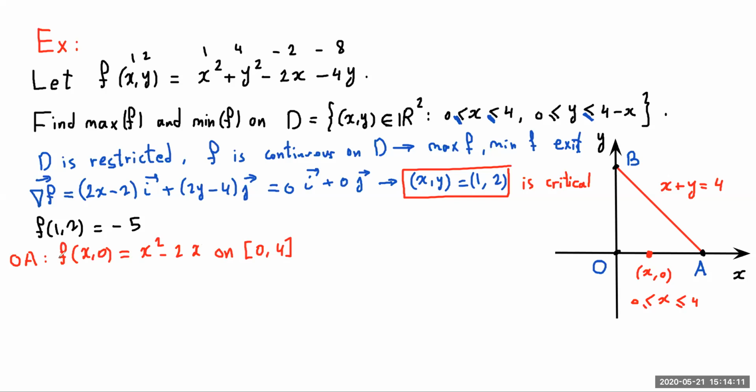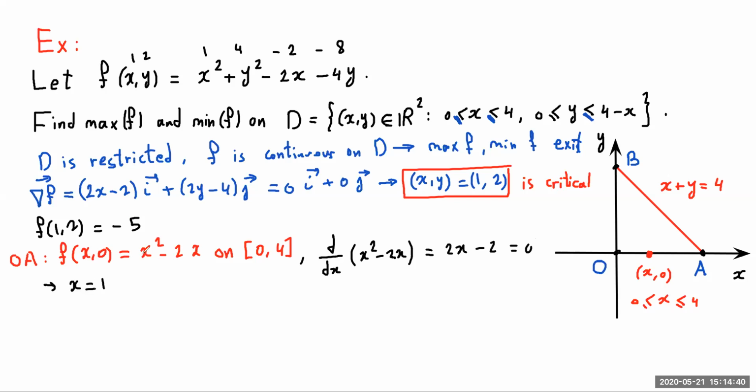How to find the maximum of f on this interval? Take the derivative with respect to x of x^2 - 2x. It will be 2x - 2. Put it equal to 0 to find the critical point.